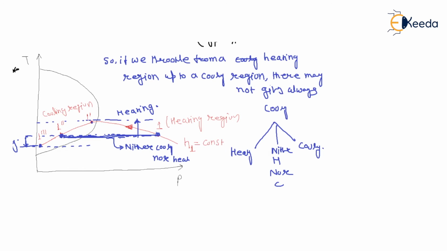So if you have a heating effect and you throttle, then you cannot say that there is always heating. It may be heating, neither heating nor cooling, or it may be cooling.